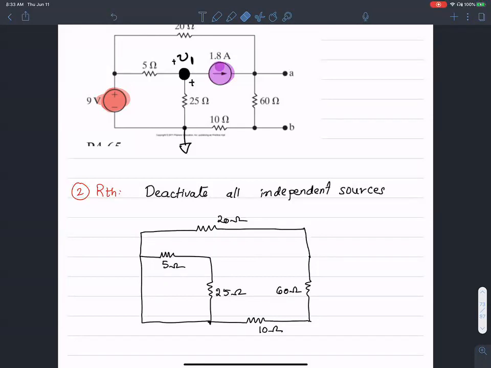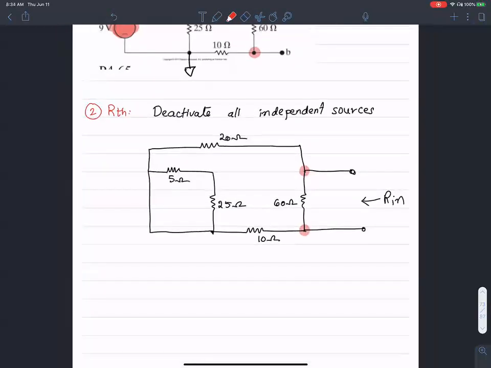So here is the idea. I'm interested in calculating the resistance looking into these two terminals, across the 60 ohm resistance. Everybody with me so far?